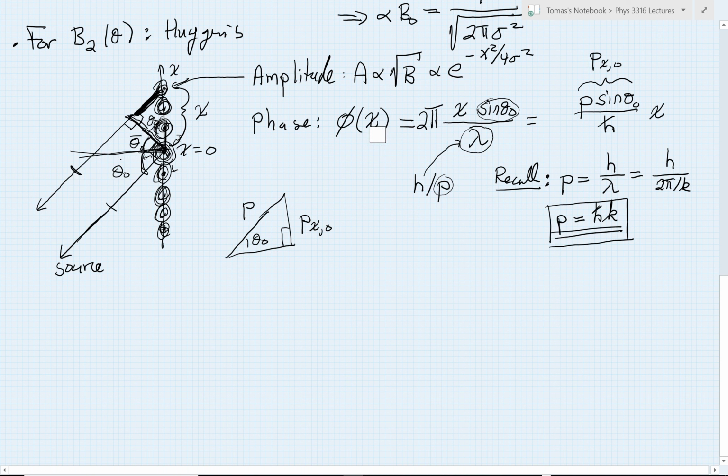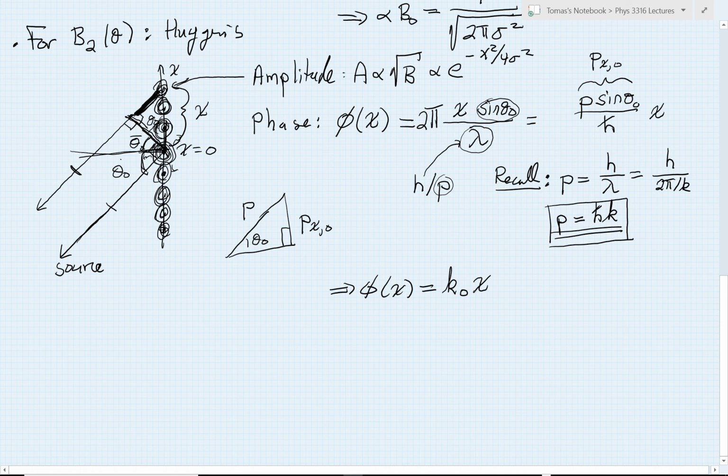So when I see a phase here that has a momentum over h bar, I get very excited, because that tells me that my phase is related directly to some wave vector, because p over h bar is a wave vector, so I will call that wave vector k naught. So I have my phase is just k naught times x.